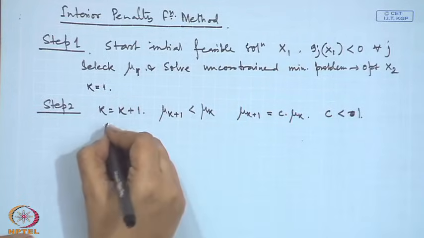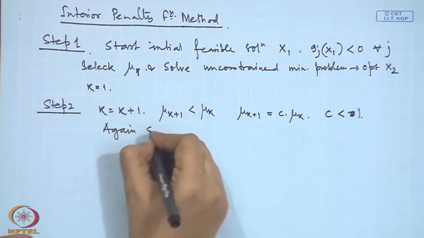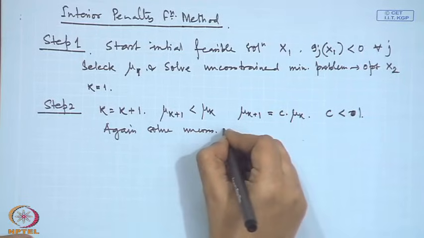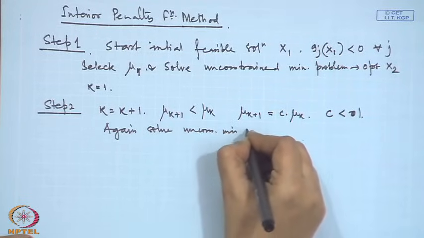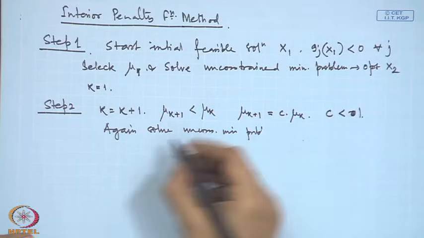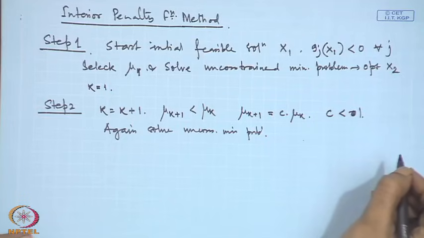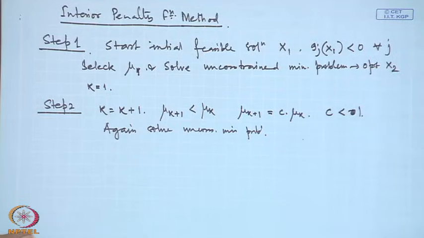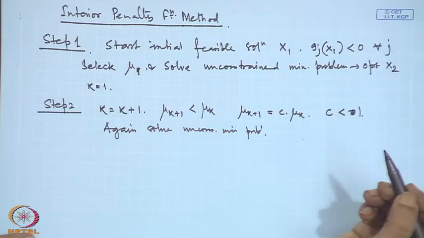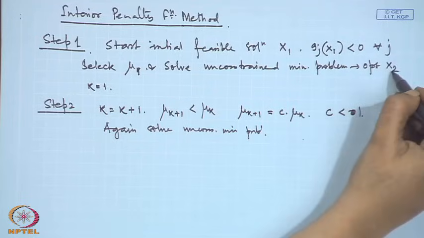Again, we solve the unconstrained minimization problem with the augmented penalty term, and we get another optimal solution x3. We repeat the process, doing the iterations one after another, until the series of optimal solutions converges to a point.